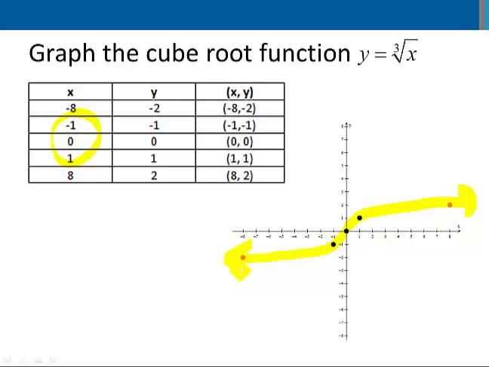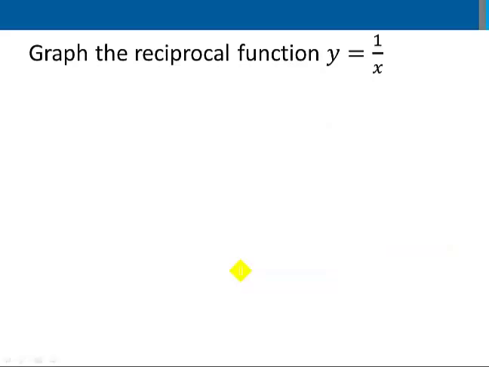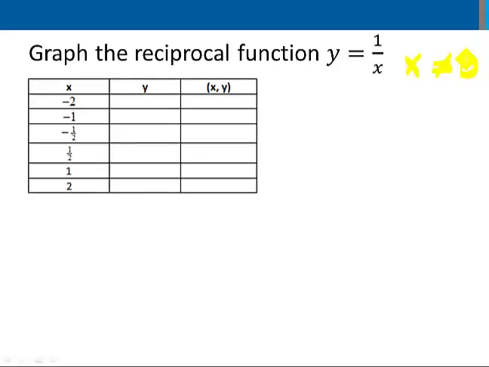The reciprocal function, y equals 1 over x. Here, x cannot be equal to 0. Remember the domain. This time I'll actually only include 2 x values in my key points, -1 and 1, but we'll be plotting 6 points here for a little more accuracy.